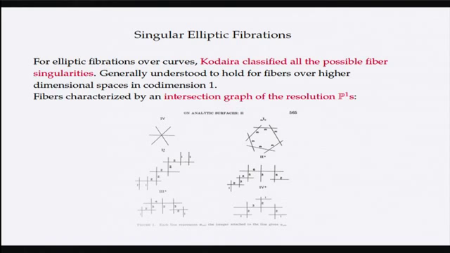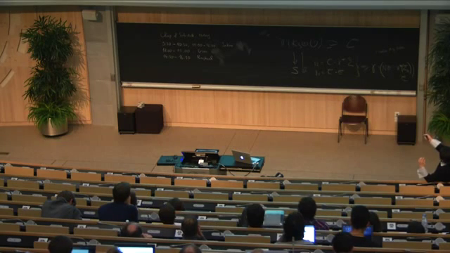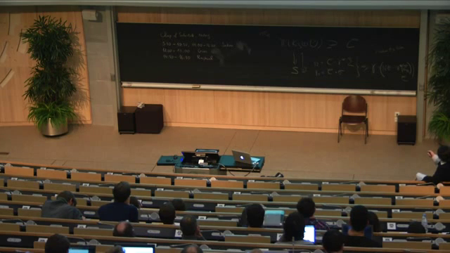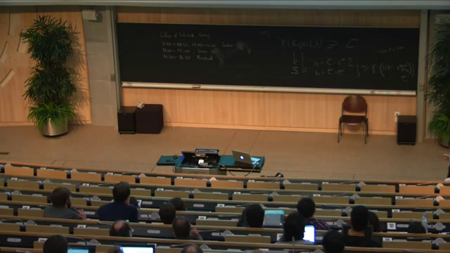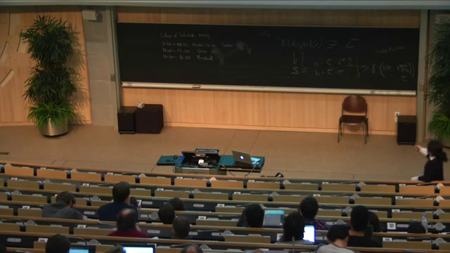You blow that up. In the blow-up process, you insert a P1, and you keep doing this until it's smooth. And then you ask, what is the intersection graph of these P1s? What Kodaira showed is that these graphs are always of this kind, where these lines are the curves. If you look at the dual graphs, you'll see these are the affine A_n diagrams, or the D_n diagrams, or the exceptional diagrams. So there's almost an ADE-type classification underlying this.